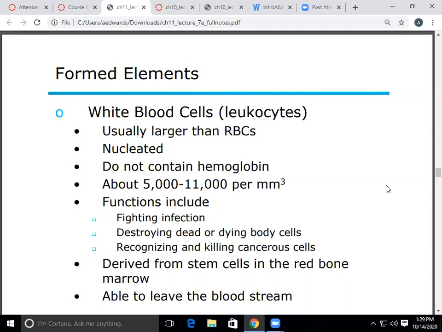So how do we develop them? Well, we saw in that picture, they're going to be developed from stem cells that come from your red bone marrow. And they are able to diffuse out of your bloodstream when needed, if there's a site of some infection.